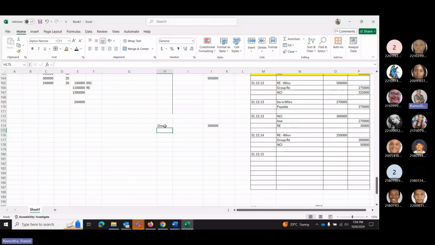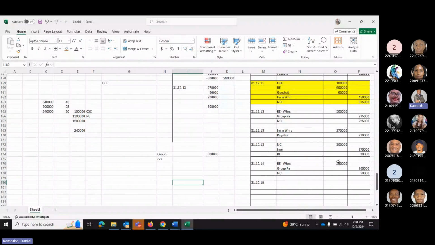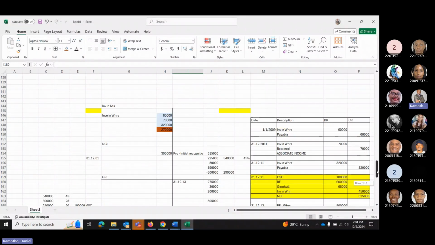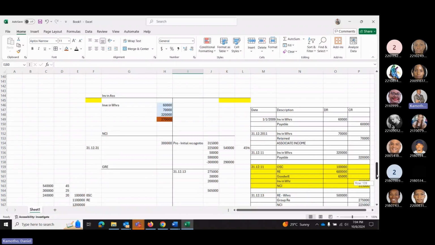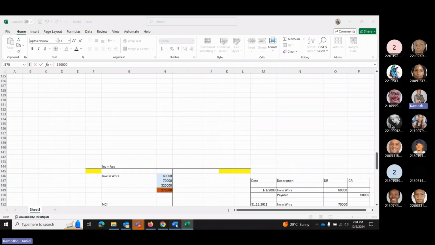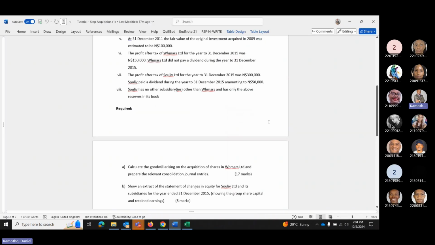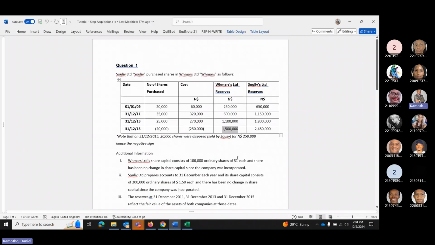What did the NCI make? Remember we calculated that for us to share the 250, we left 150. So the NCI made 150. Let me go back to the question for it to be clear. From 1.1 to 1.5 is 400,000, but for 2015 alone is 150.